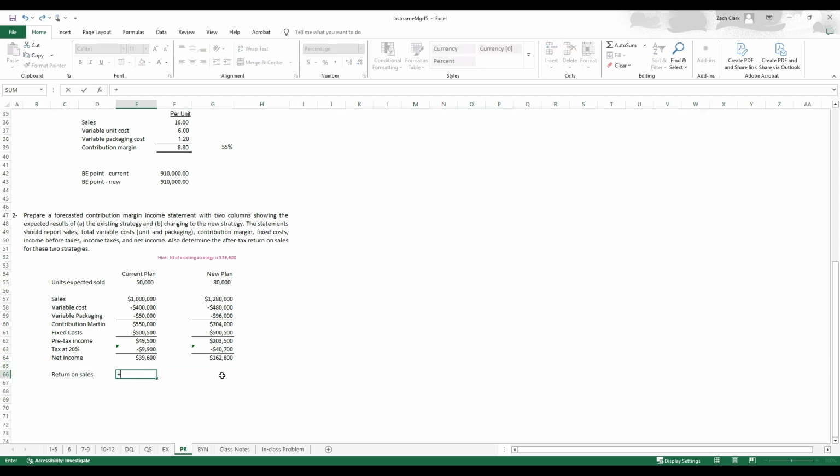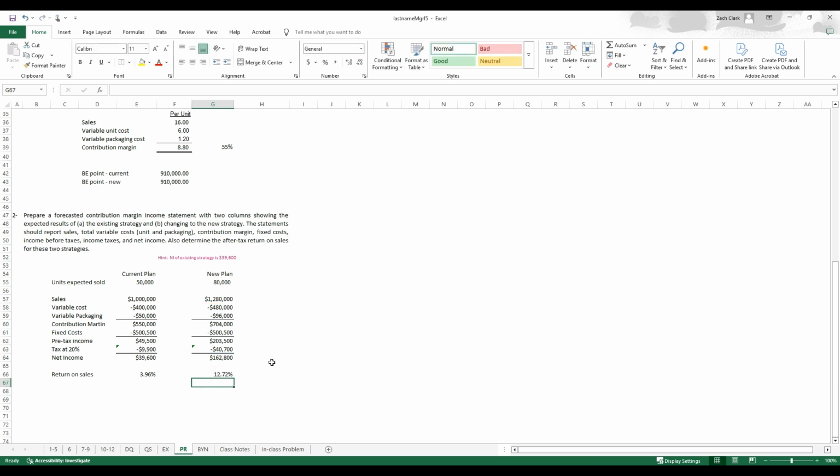And then figure out our return on sales. So basically what we're trying to do is take our net income divided by sales. So how much are we actually earning? So about 4% versus about 13, 12.72 versus 3.96.